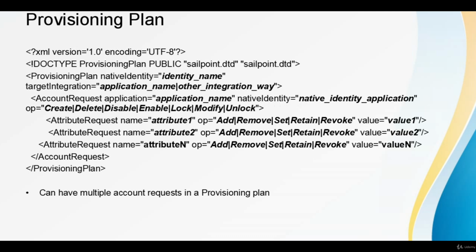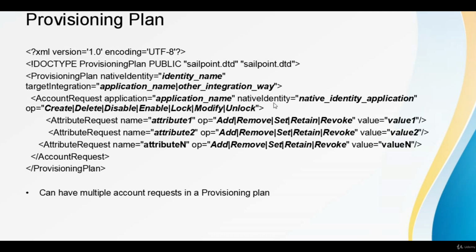let's say the identity has access to the AD application, and in the AD application it has two accounts. So this is quite possible that an identity has access to an application, and for that application it has two accounts. One account is, let's say, for administrator work, and one account is for simple work.